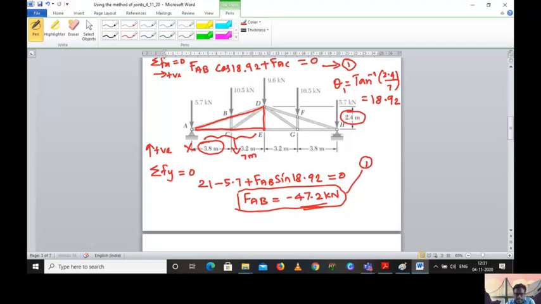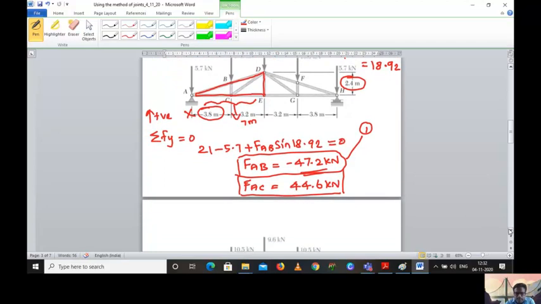Obviously, you will get the other value, that is FAC. The FAC value, based on my calculation, is 44.6 kilonewton. Please check it out. So now you got two values, FAB and FAC. Two member forces we have calculated.